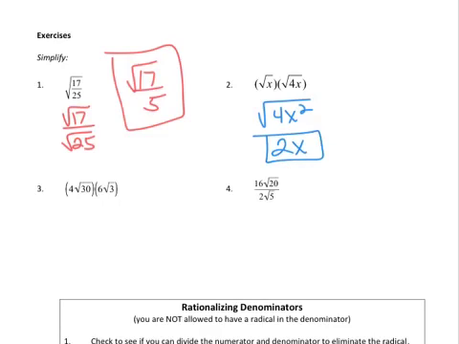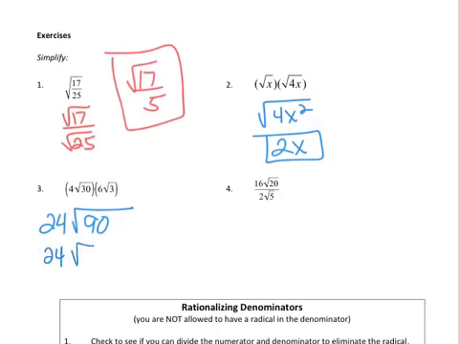Now the next one is finally an example of where I have coefficients in front. So I multiply the 4 times the 6, and that's going to be 24. And then under the radical, I multiply the 30 times the 3, and that's 90. Then I want to reduce the 90. So the 24 is going to stay there until the end. I have 24.